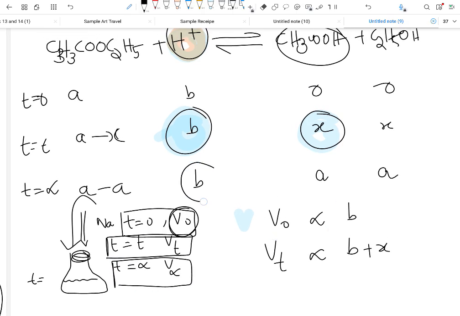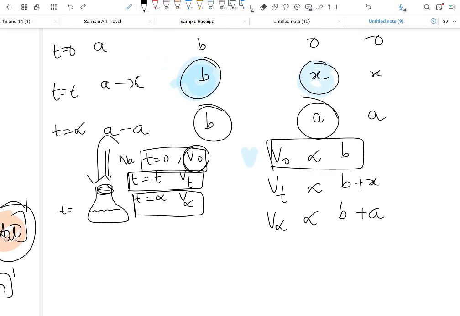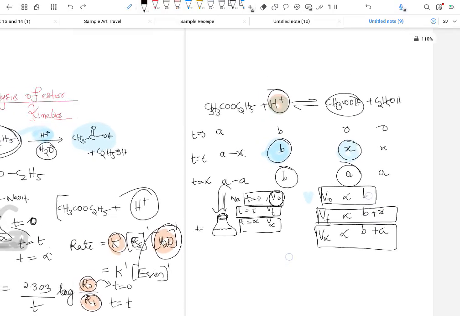B will definitely be there again, and A will also be there, which is an acid, completely reacted. So V infinity will be directly proportional to B plus A. Okay, so we now know the relation: V0 is directly proportional to B, Vt is directly proportional to B plus X, and V infinity is directly proportional to B plus A.